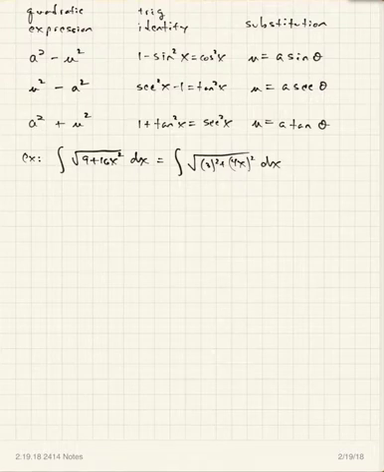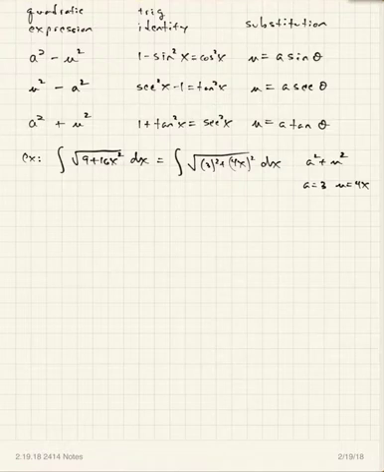If you look at the top, the format we're using is a squared plus u squared as the quadratic expression we're trying to deal with, where a would be equal to 3 and u would be equal to 4x.